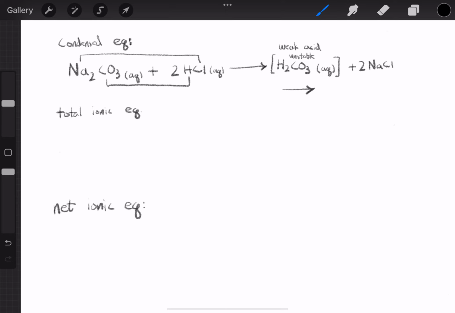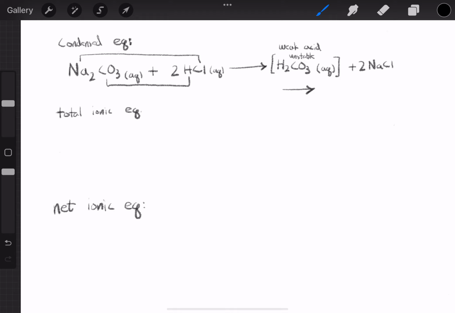What happens here is that you're forming a gas that wants to escape and not stay in solution.